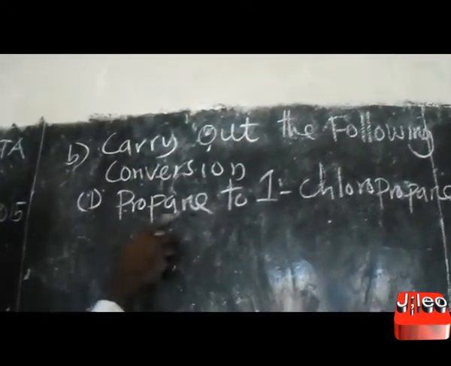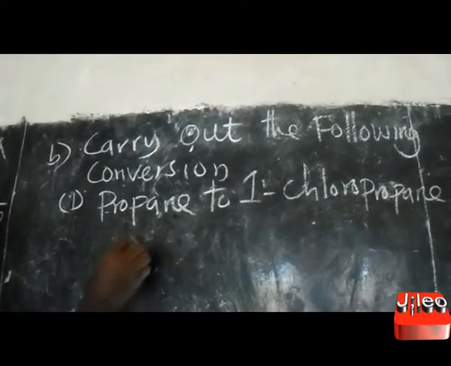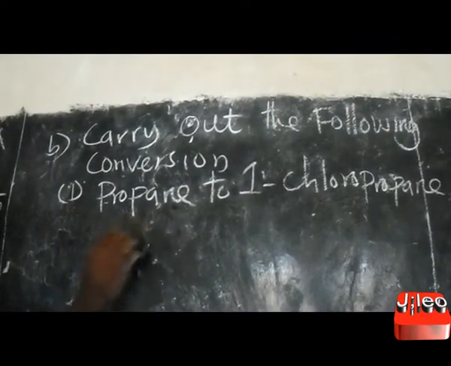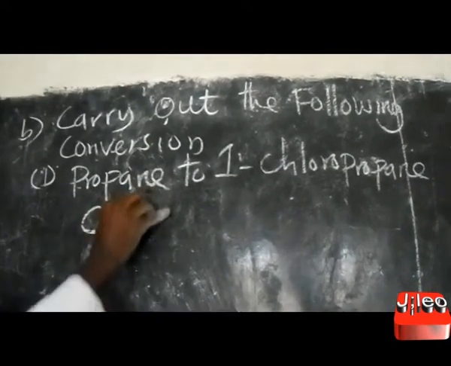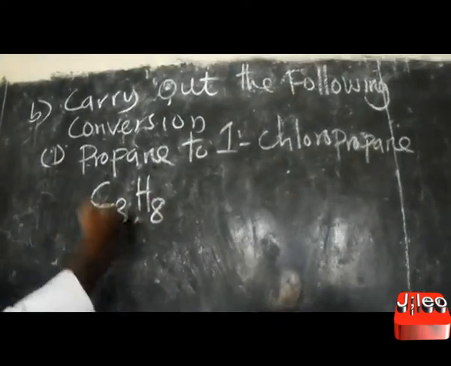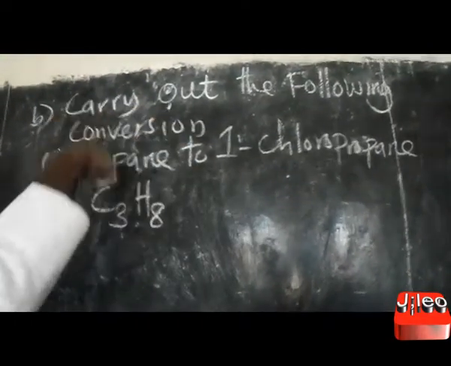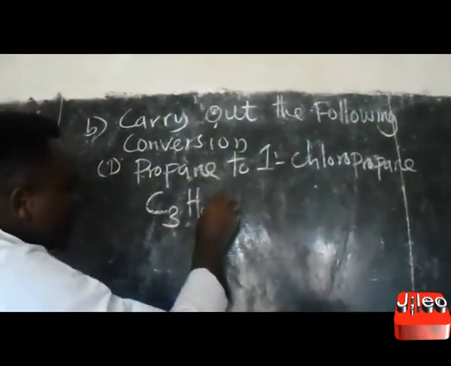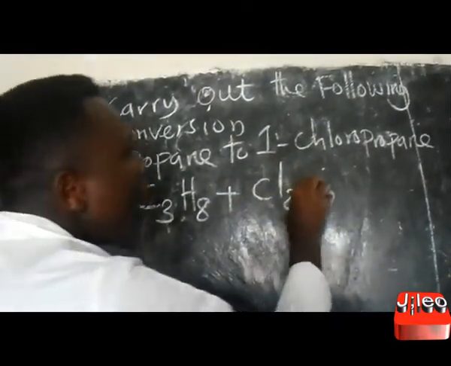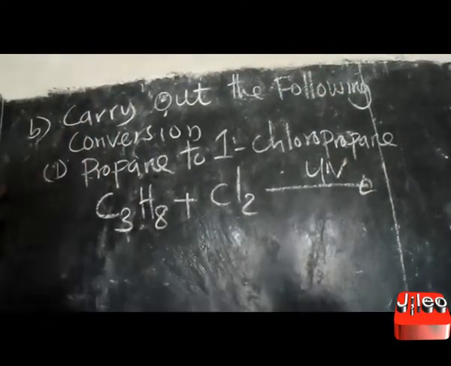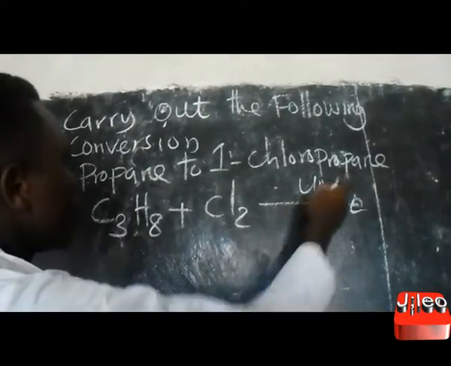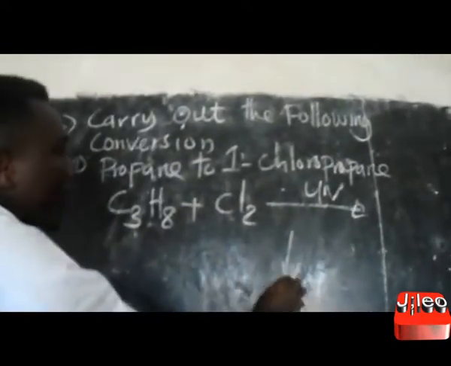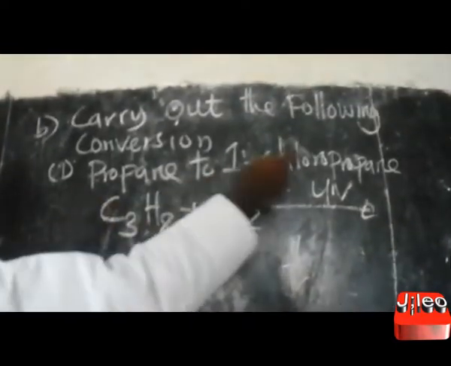So here propane, its homologous series, would be C3H8. This is our hydrocarbon formula. Then this will react with chlorine under UV. When I am speaking about UV, I am talking about ultraviolet rays. So under ultraviolet rays, at the end of this process you will have 1-chloropropane.